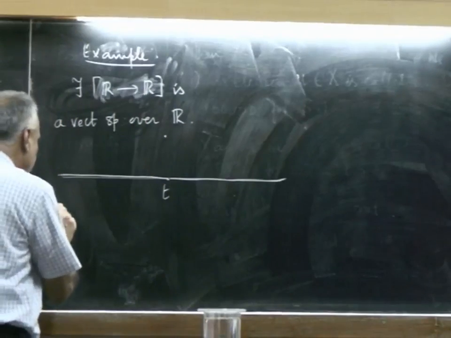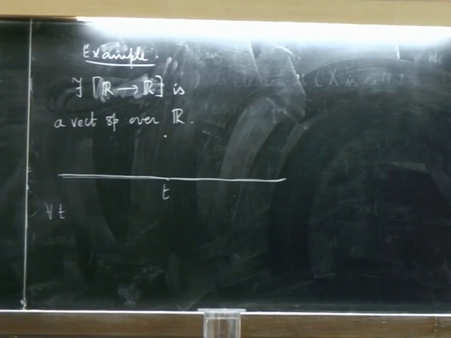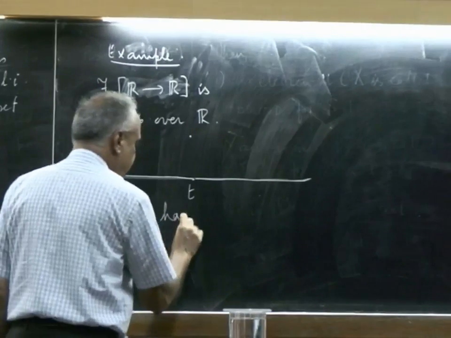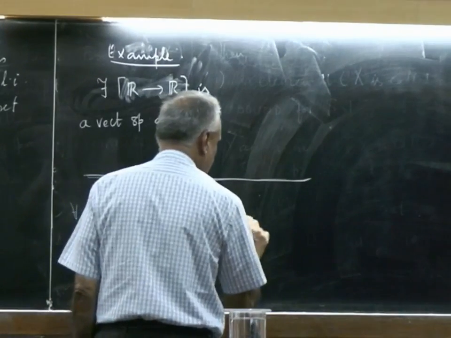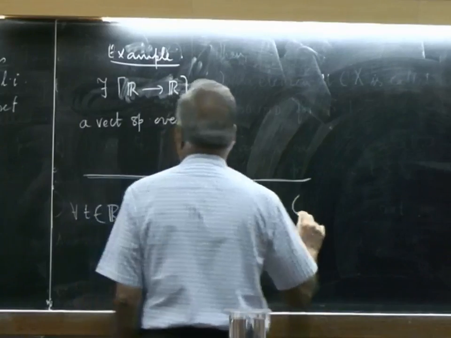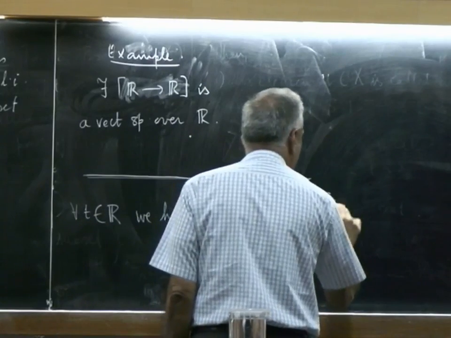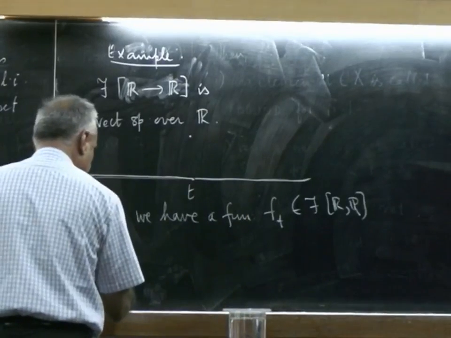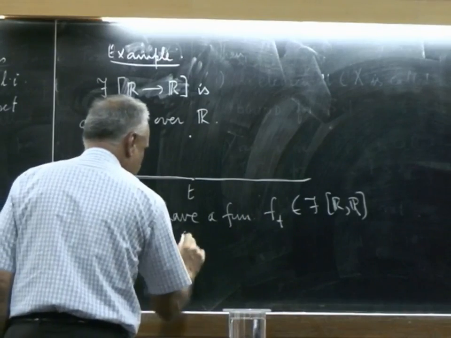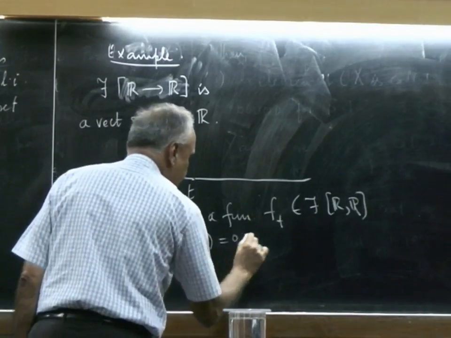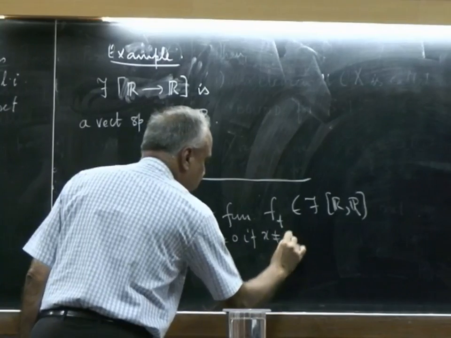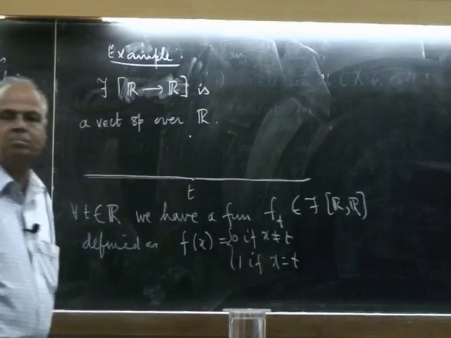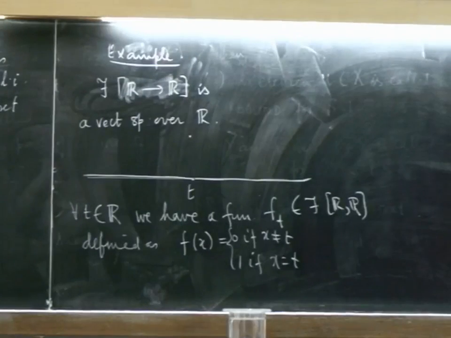So for every t in R, we have a function f_t belonging to F(R, R) defined as f(x) equal to 0 if x is not equal to t, 1 if x equals t.